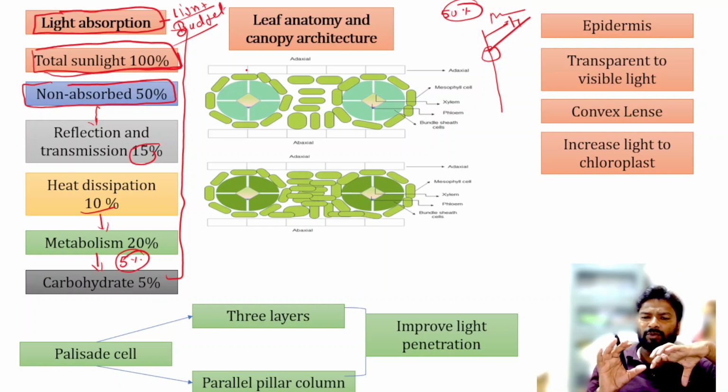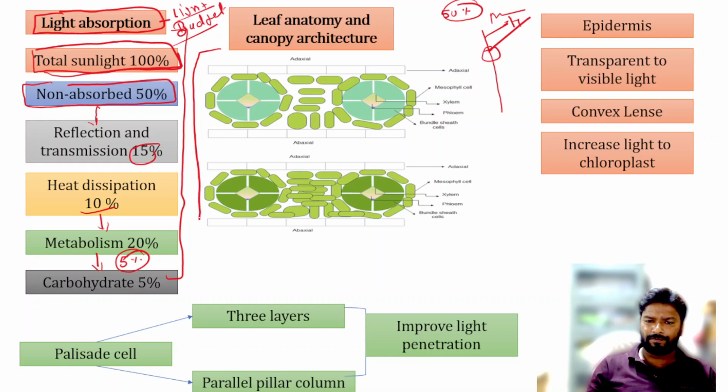So this is the leaf anatomy. Okay, and this is a C3 plant and a C4 plant. You can see that bundle sheath cells are present, which are green in nature, with chloroplasts present in the bundle sheath cells of the C4 cycle. But in the case of the C3 plant, the bundle sheath has no chlorophyll.